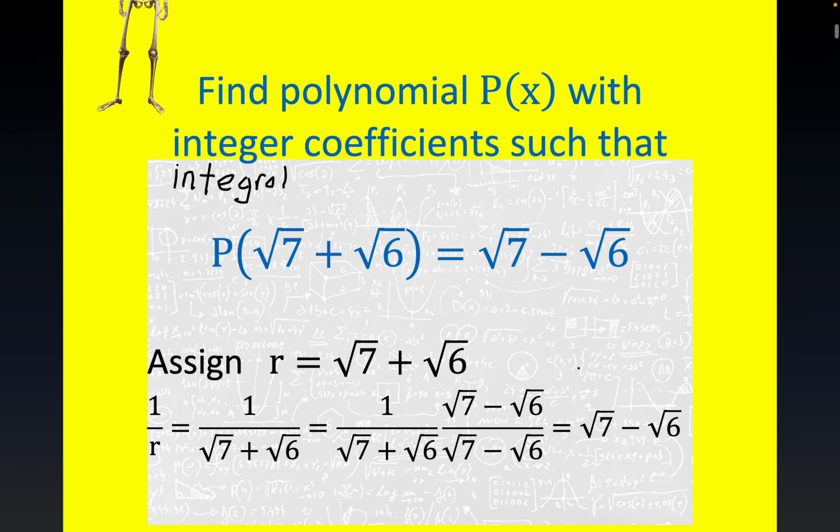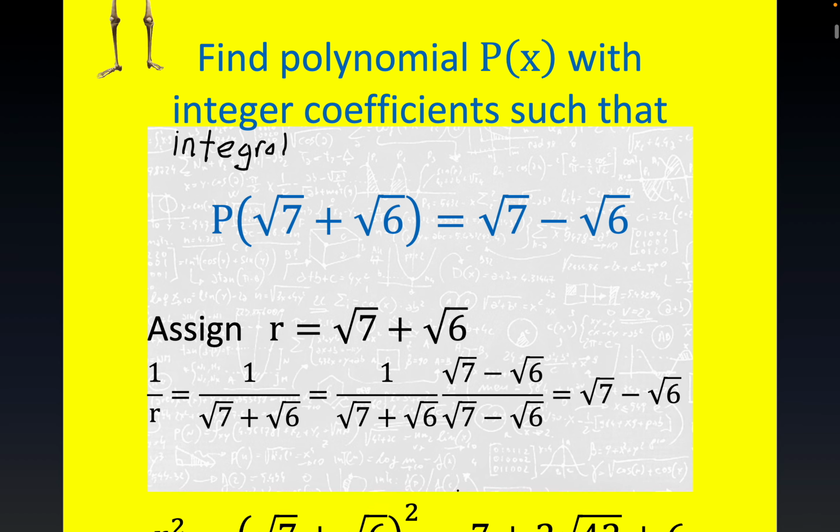Now, what makes this fly? Well, we multiply through by a cleverly disguised version of 1, namely the conjugate of the square root of 7 plus the square root of 6. Now, if you take a look at this, I guess this is common knowledge for a lot of people, but I had to stop and do the calculations. If you put both of these in parentheses, you just have the difference of two squares, right?